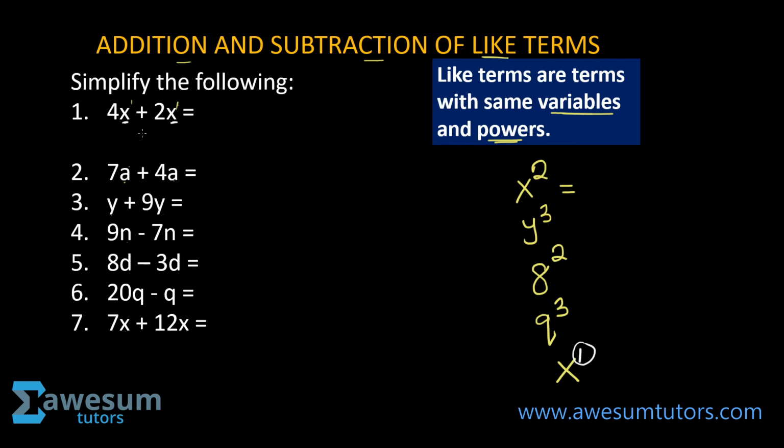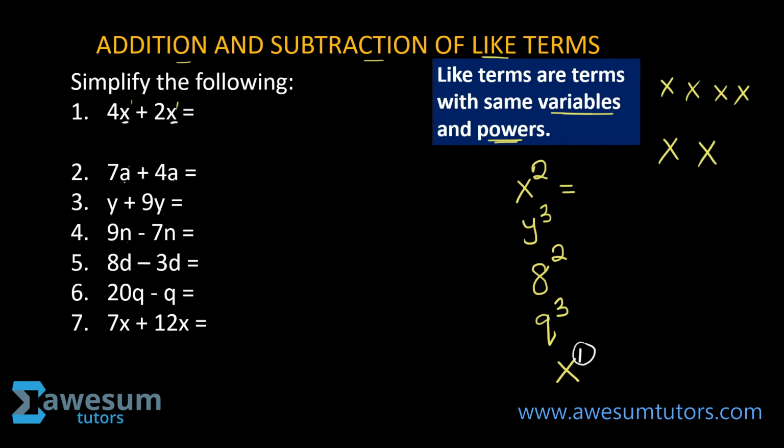So now how do you add this? 4x simply means you're having 4 x's. Take note, it means you're having 4 x's, like you have 1x, another x, another x, another x. This is 2x. You have 2 x's, 1x, another x. So now you want to add 4 x's and 2 x's.